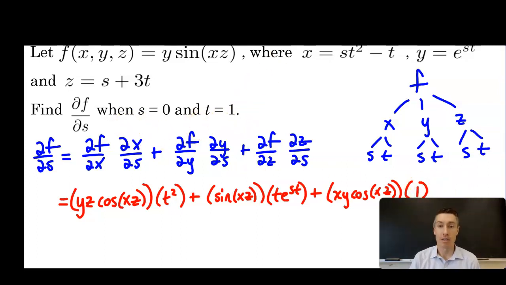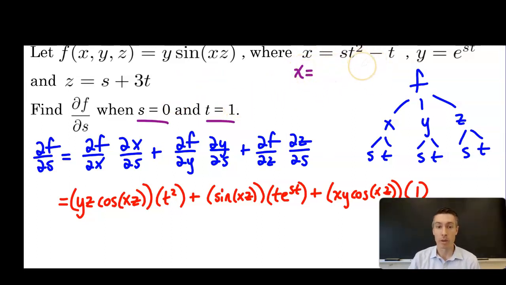Now here they did give us values. So they told us that s equals 0 and t equals 1. So easy enough to substitute in for s and t, but what do we do about the x's, the y's, and the z's? Well, if we remember, x, y, and z are all functions of s and t, so we can plug in.